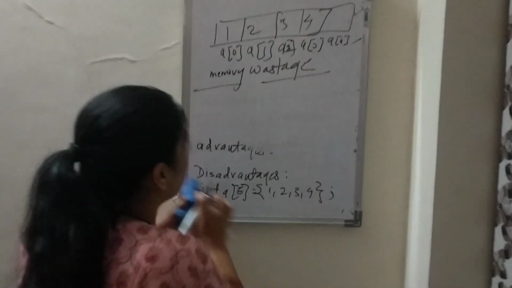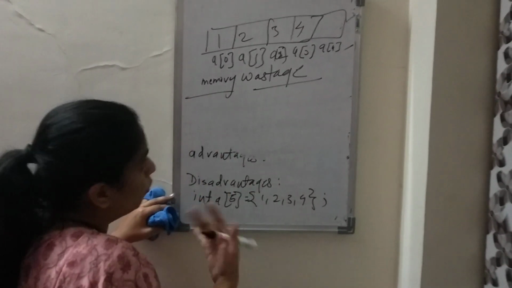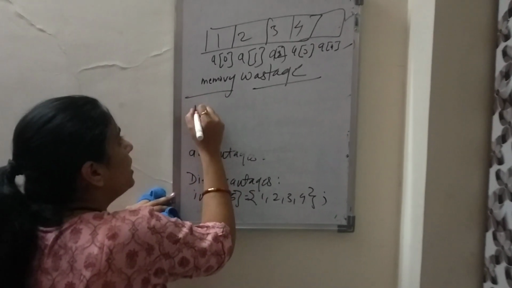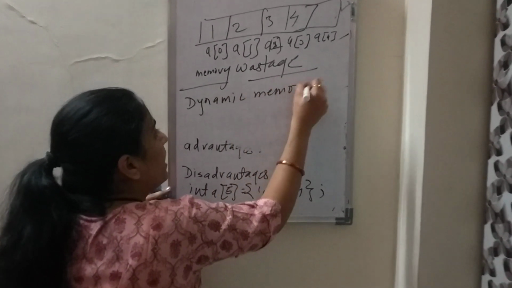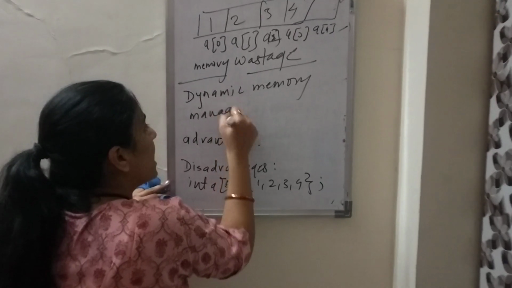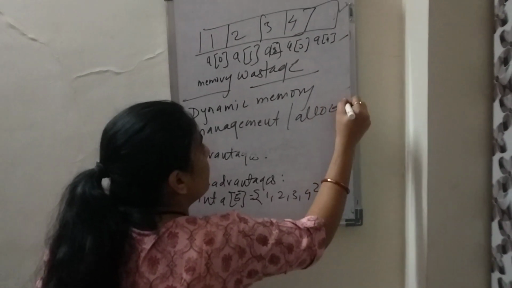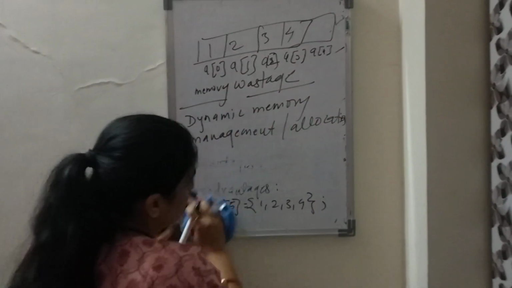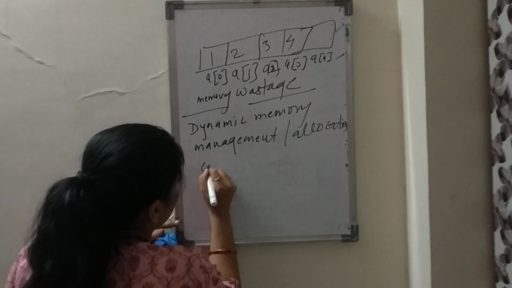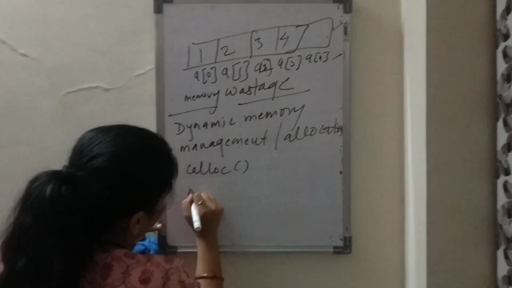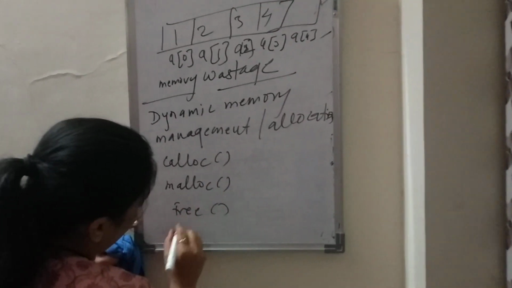So this is wastage of memory, and we can overcome this wastage of memory by the concept of dynamic memory management or dynamic memory allocation in C. So you just remember this. And in dynamic memory allocation there are functions like calloc, malloc, free and realloc.